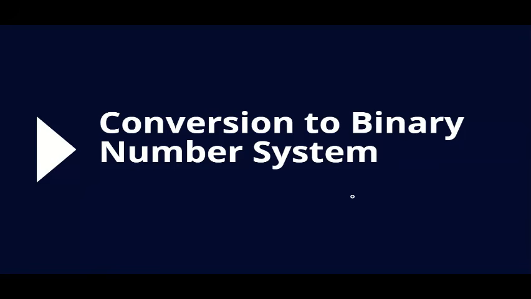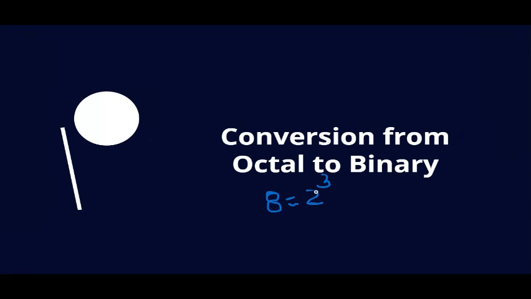Next is the conversion to the binary number system from octal and hexadecimal number systems. Since 8 is equal to 2 cube, every 3-bit group of binary can be represented by an octal digit.